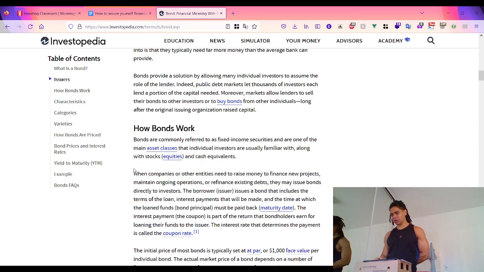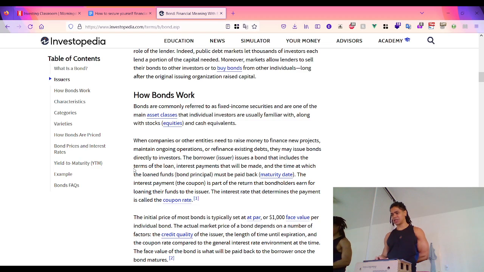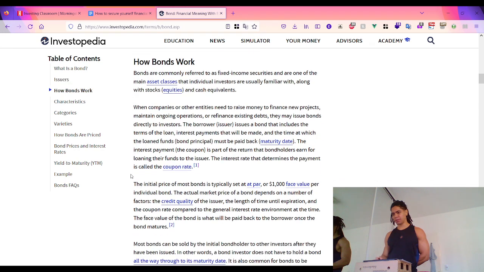How bonds work. Bonds are commonly referred to as fixed income securities and are one of the main asset classes that individual investors are usually familiar with, along with stocks, equity, and cash equivalents. When a company or other entity needs to raise money to finance projects, maintain ongoing operations, or refinance existing debt, they might issue bonds directly to investors.